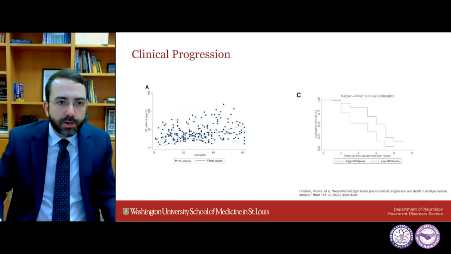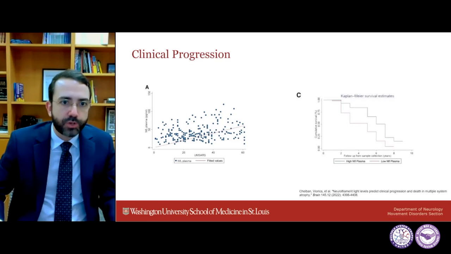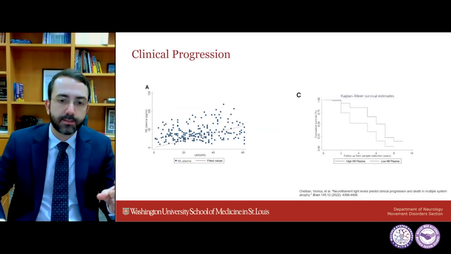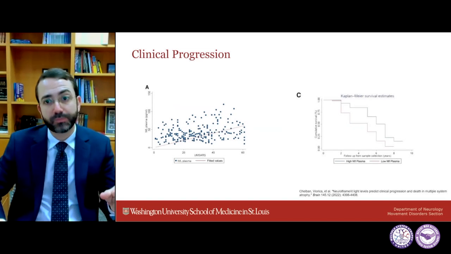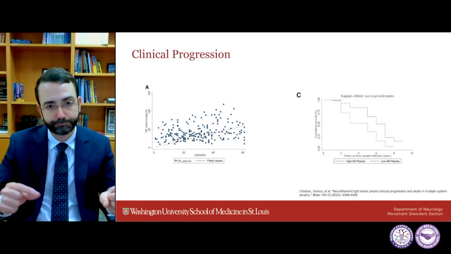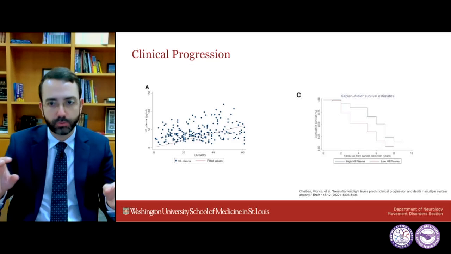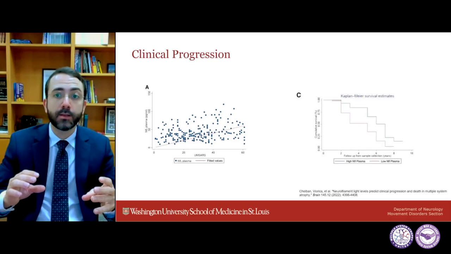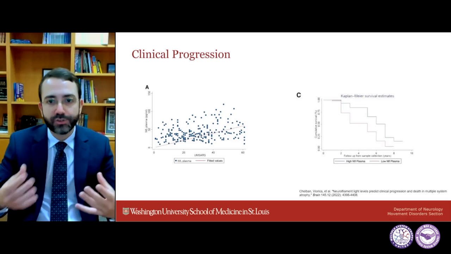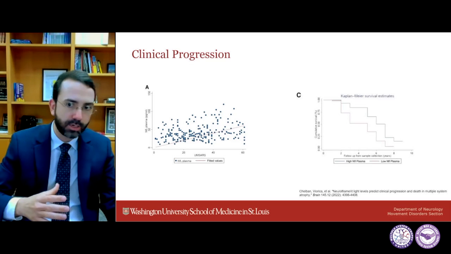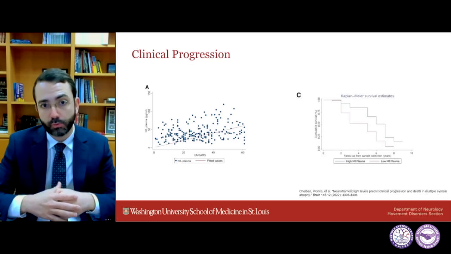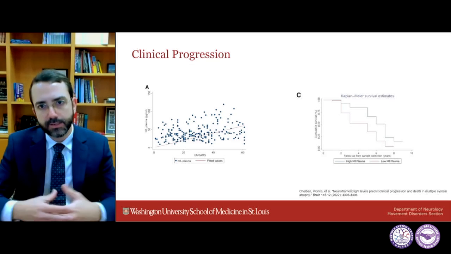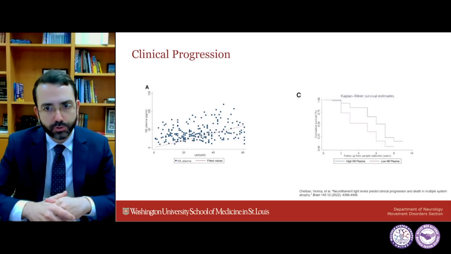One of the most important findings of the study was the suggestion that we could correlate the levels of neurofilament in the spinal fluid and the blood, meaning there was a high level of correlation between these two measurements, which is obviously easier to obtain in the blood as compared to spinal fluid. If that's correct, it would allow us to get a much less invasive measurement of neurofilament light chain.